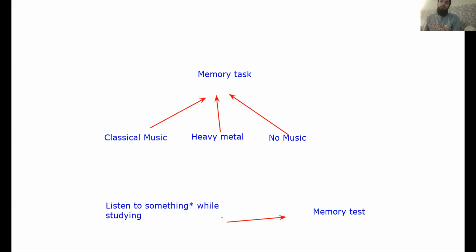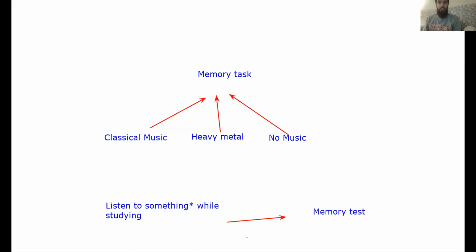So, well, let's take a brief diversion, because it's unclear what the design of this study is. There are two different ways this study could be conducted, right?